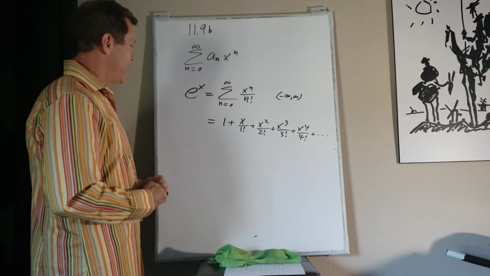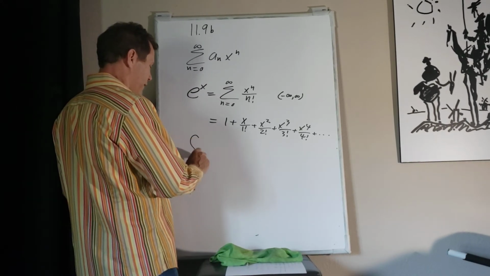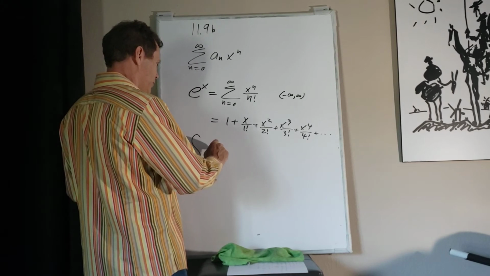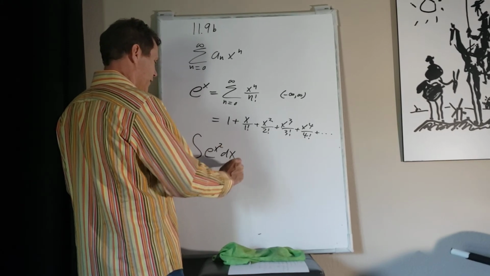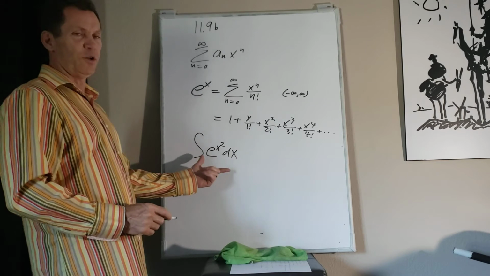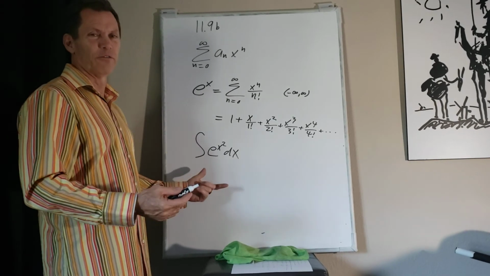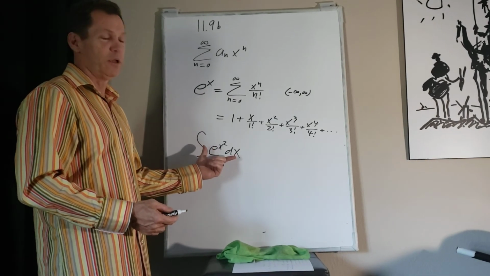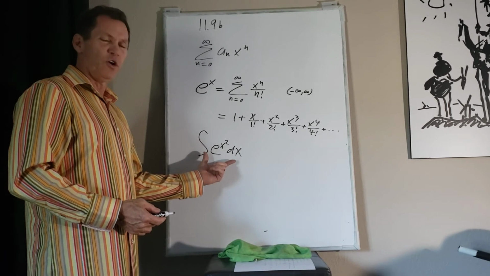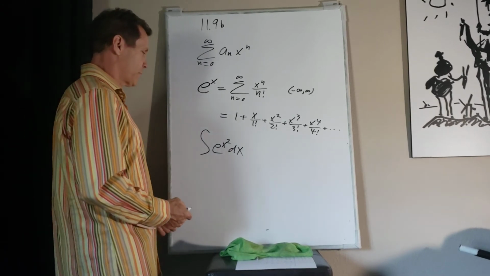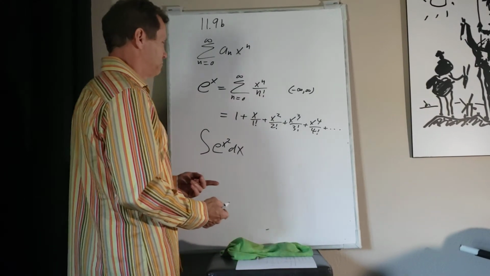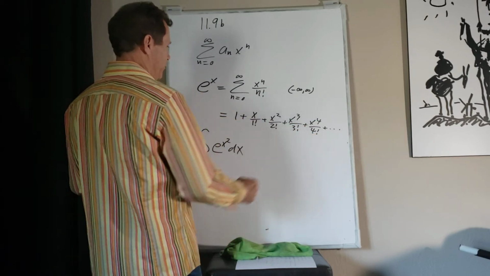Now, in Cal 1, they use this example, they tell you to take the integral of e to the x squared. And you can't do it, because there is no, they call it the error function, but it just means they don't know how to do it. So, I don't have a good antiderivative for this guy. But what if I wrote it as a power series?